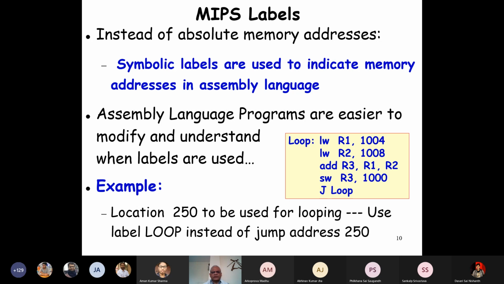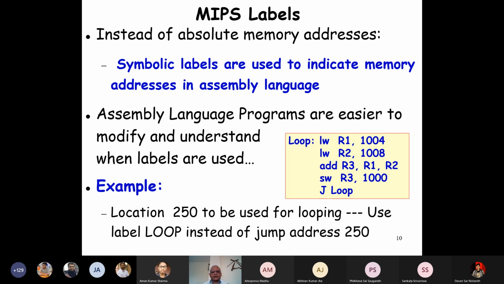Fortunately, many times we don't have to really remember where an instruction is or where a subroutine is. We don't have to really compute, like I was saying, 50 instructions down, 35 instructions up, jump to that. We will use labels.